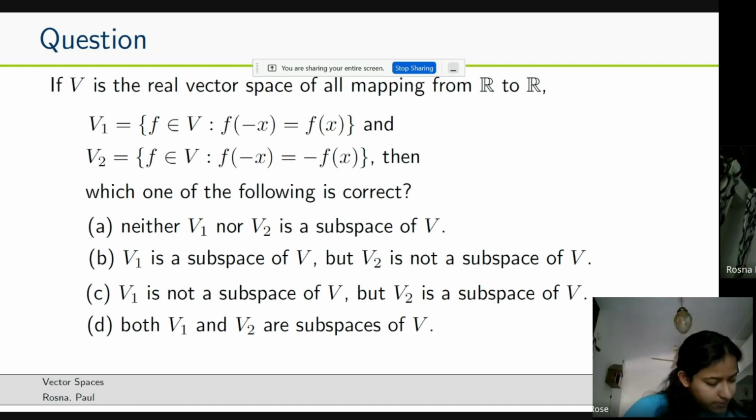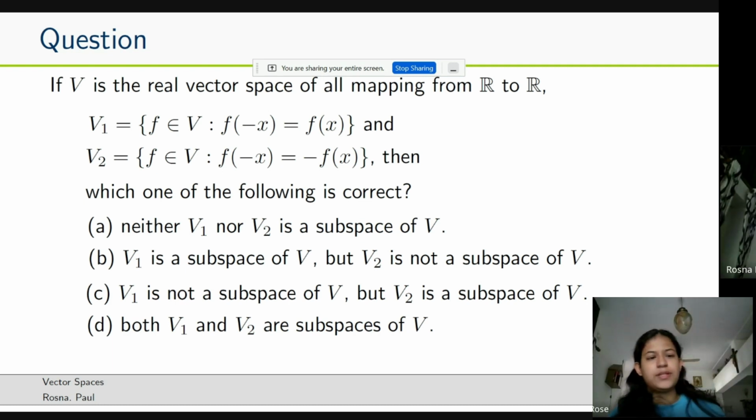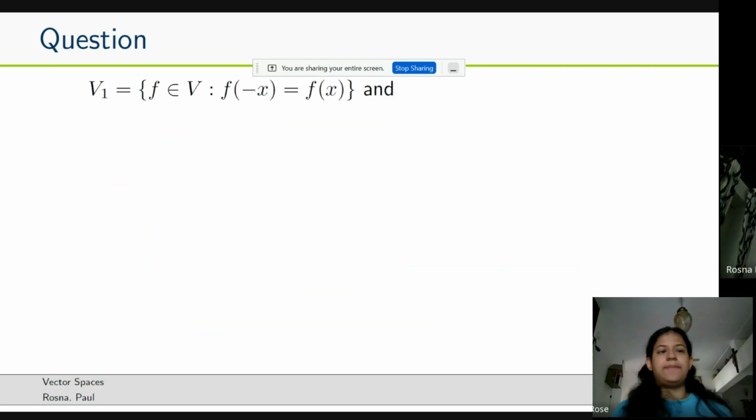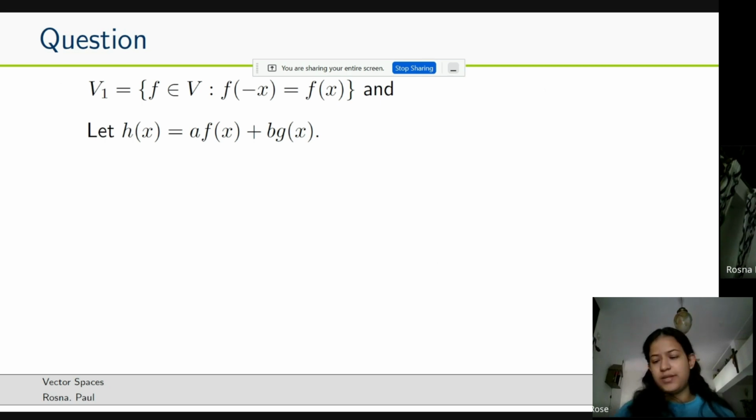So there are many people who said that its option is D. Okay, maybe I will try to explain this. We take the first vector space, which is the collection of functions such that f of minus x equals f of x, and we let h of x, as before, be the linear combination of two elements from V1. It is a direct application.